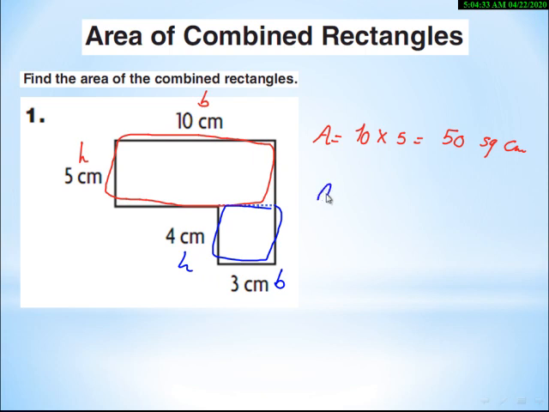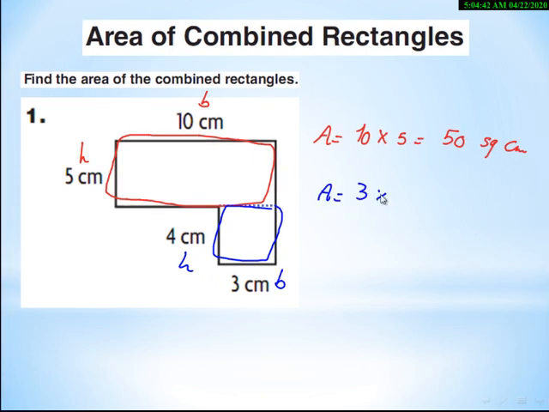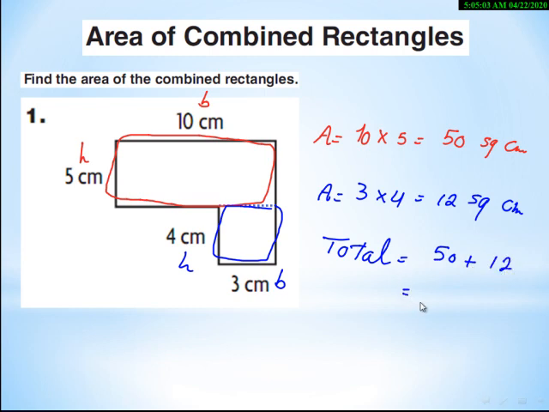So the second area, base 3 times height 4, equals 12 square centimeters. So for the total area, I'm going to add all of them together. 50 plus 12 equals 62. 62 square centimeters. Super.